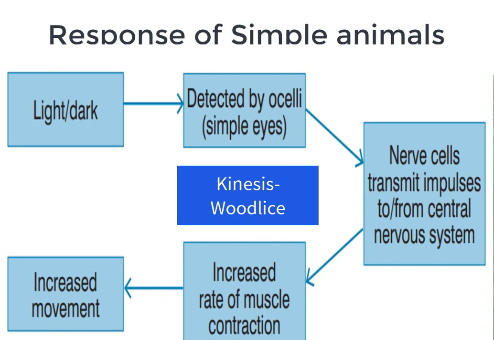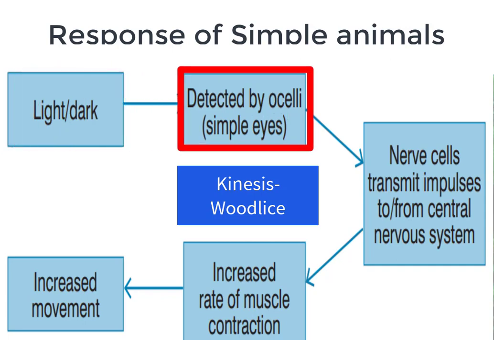The stimulus in this case is light and dark conditions. Ocelli, or simple eyes, of woodlice act as receptors to detect the stimulus and send information to the linking system.